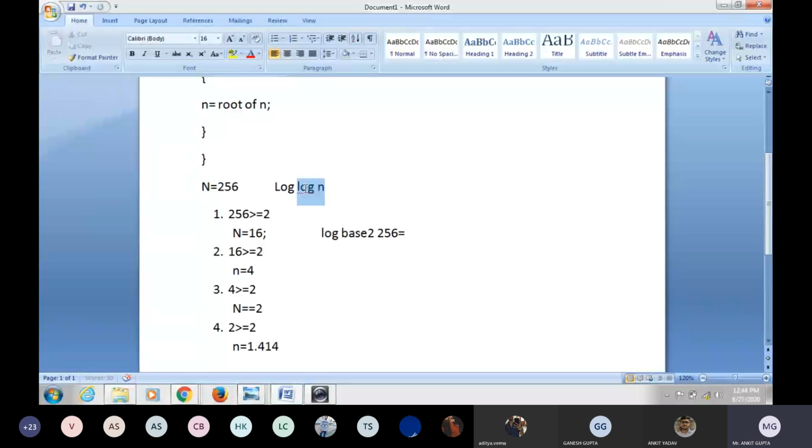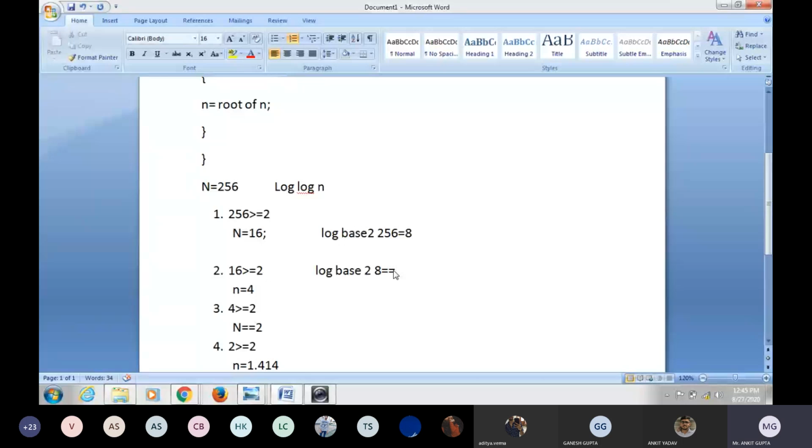Log base 2 of 256: can I write that 256 is 2 to the power 8? So basically 8 will come from here. Now again I will take log base 2 of 8. What will the value be?